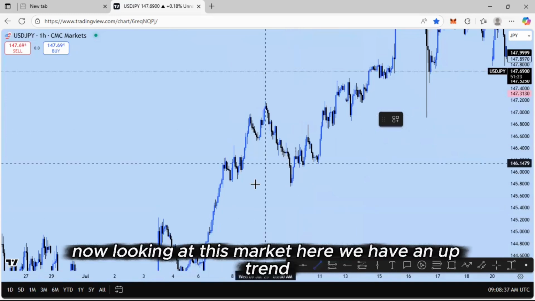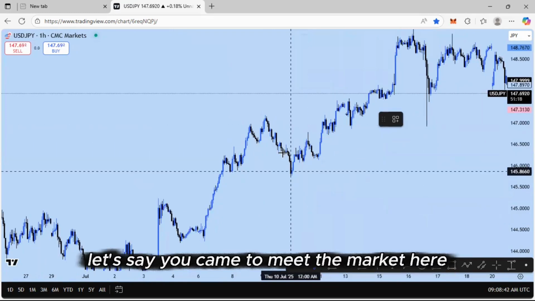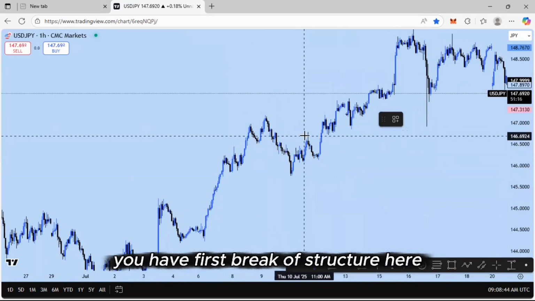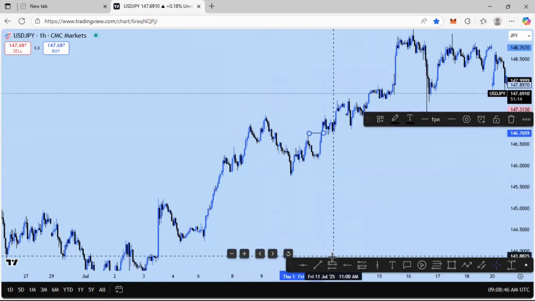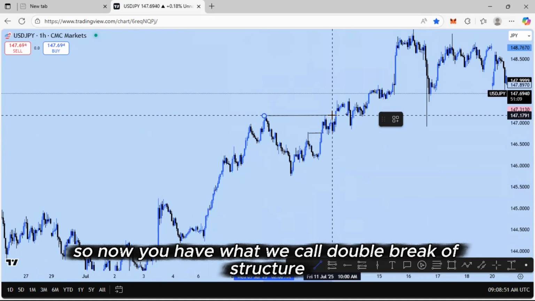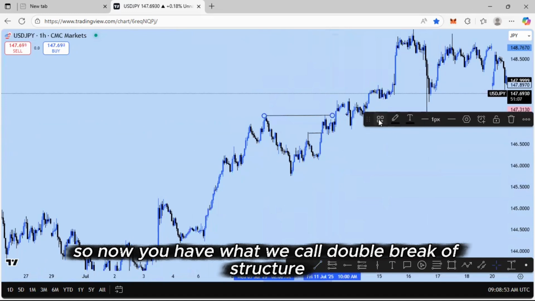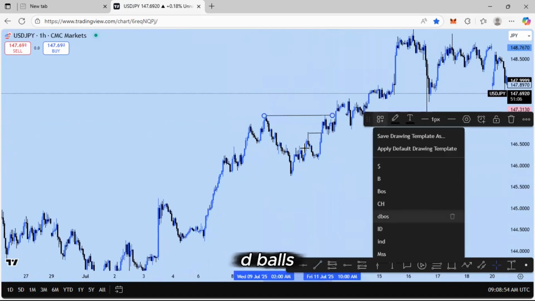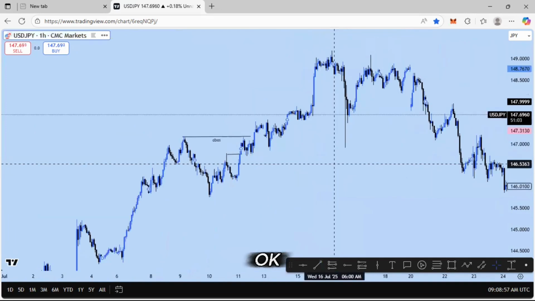Now, looking at this market here, we have an uptrend. Let's say you came to meet the market here. You have first break of structure here and a second break of structure. So now you have what we call double break of structure.